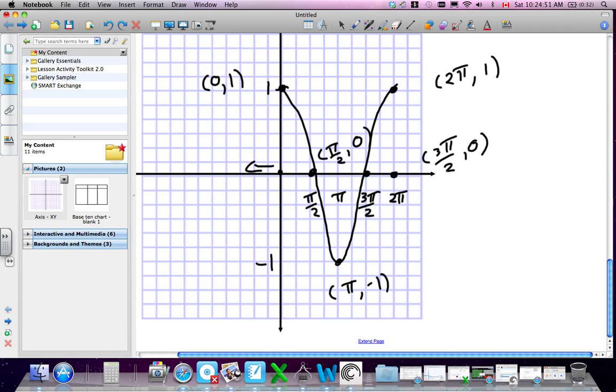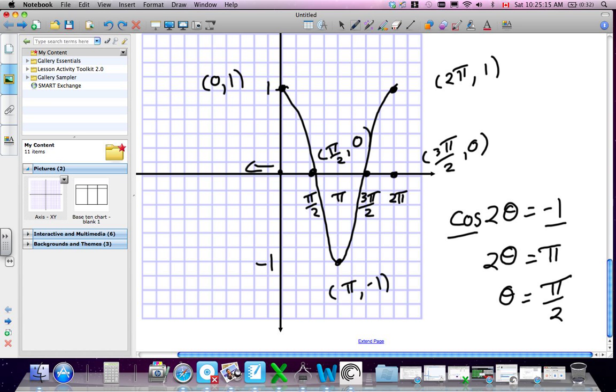We can drop the cos from the question now, because we know that it is equal to pi. So instead of having cos 2 theta equals negative 1, cos of negative 1 is pi. So now it becomes 2 theta is equal to pi. And to isolate theta, theta is equal to pi over 2. Does that make sense?